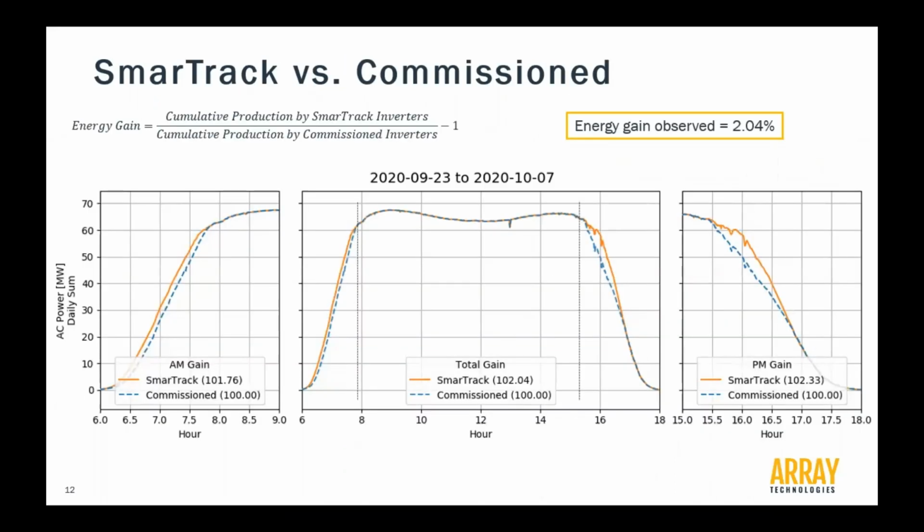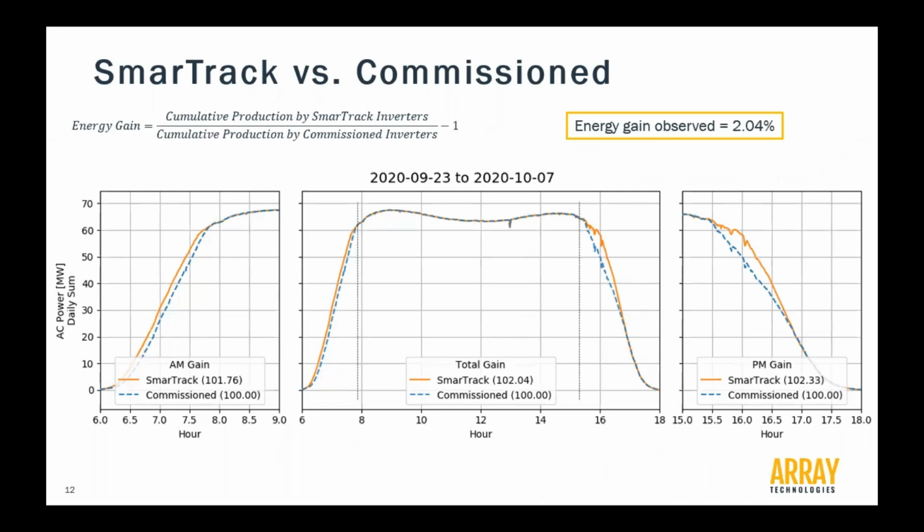The energy gain is defined as the cumulative production by SmarTrack inverters over the cumulative production by commission inverters. With this alternating operation, on odd days, the SmarTrack sum includes production from inverters 1 and 3, and on even days, the production includes inverters 2 and 4, and so on.